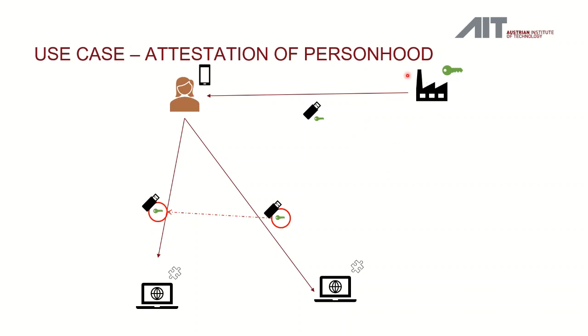With a manufacturer that manufactures cryptographic keys, such as UV keys, now when visiting a website, the user is no longer requested to solve a CAPTCHA, but she receives a cryptographic challenge from the website, which is answered by this token after a physical interaction of the user with this token. So basically the user presses a button on the token and the token is going to solve the cryptographic challenge.